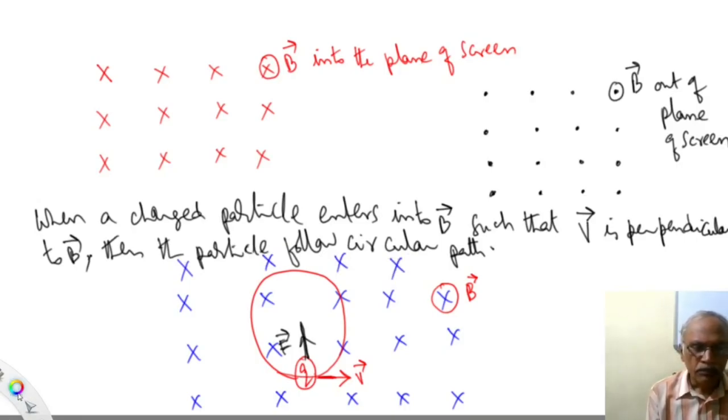Now you see, if the charged particle enters at this place and its velocity is along this side, this is V bar, and the force will be towards the center.